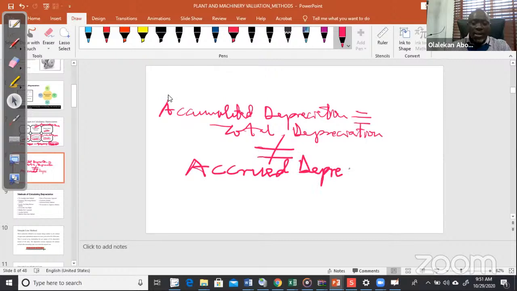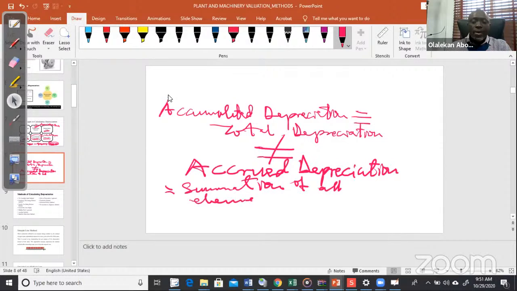Accrued depreciation is the summation of all elements of loss in value. We will be seeing all those later. I will mention them: elements of loss in value of an asset.